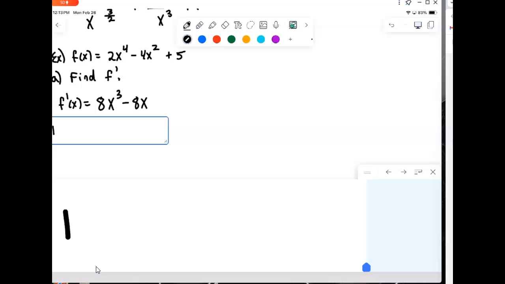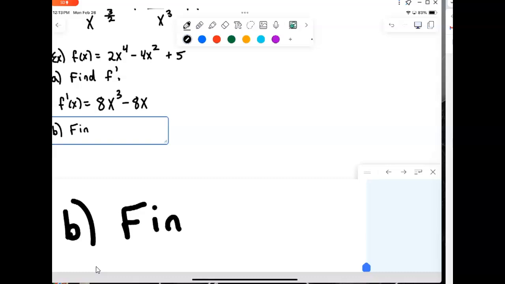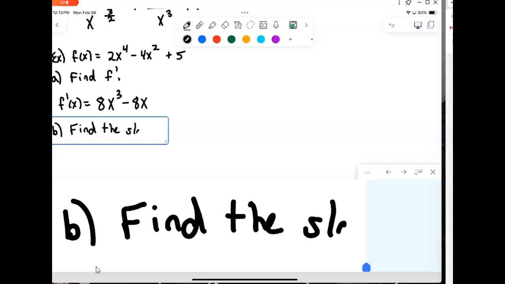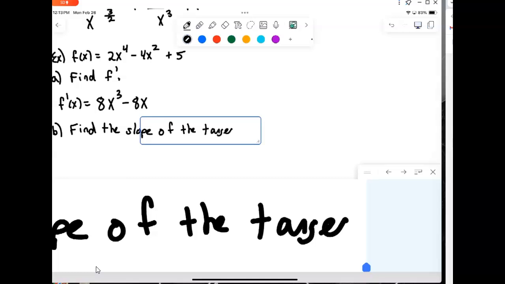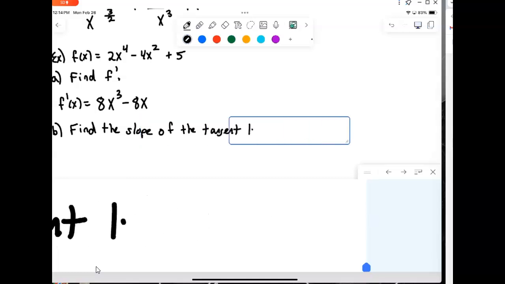Then we go on here in part B and we ask the question, find the slope of the tangent line at x equals negative 2.